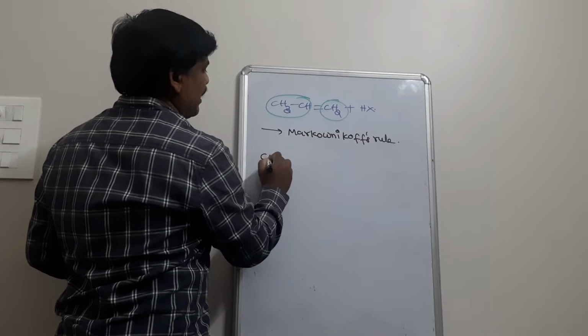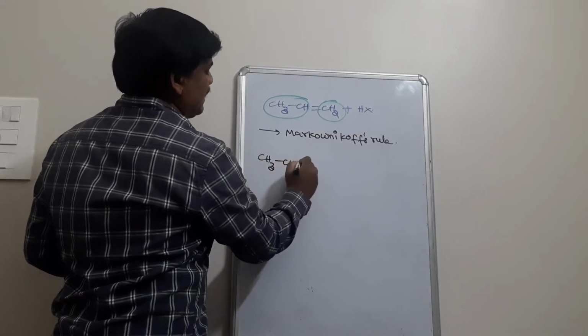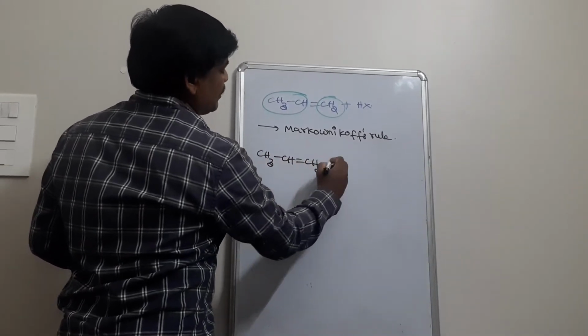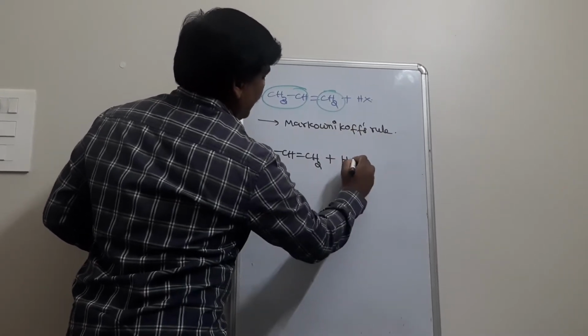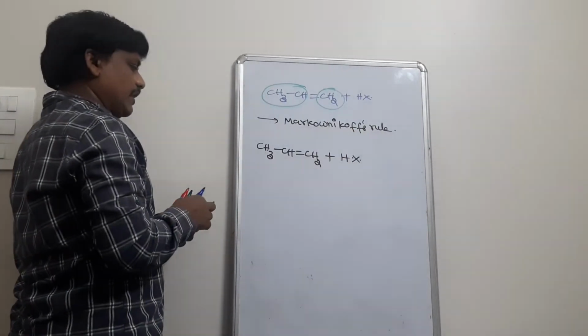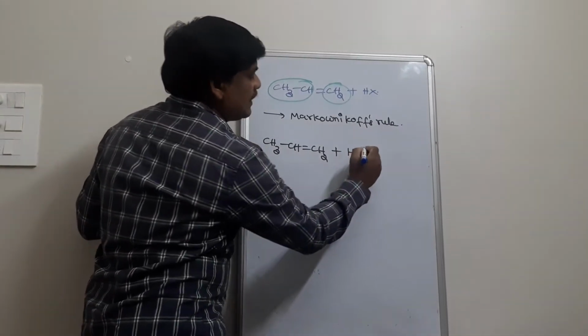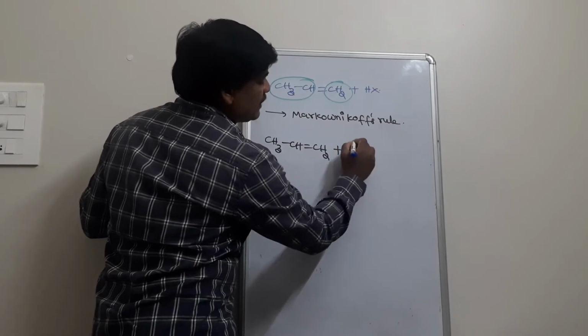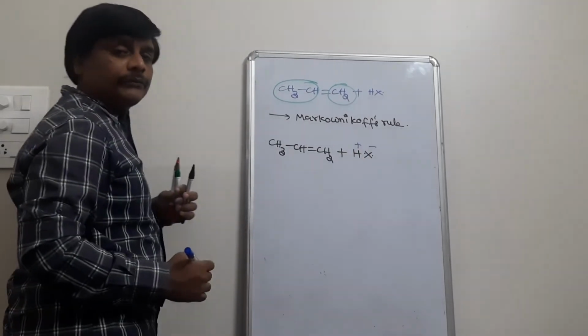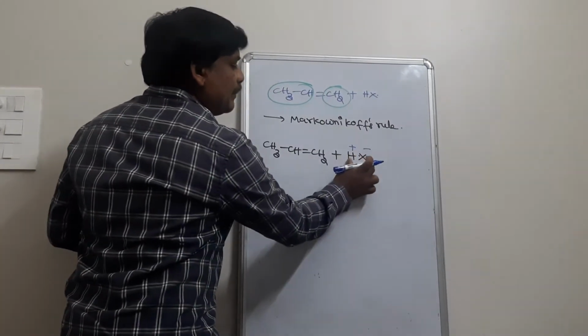Suppose you take CH3-CH=CH2 plus HX. Here X is the negative part of the reagent, because HX is H+ X-. So where can it be added?